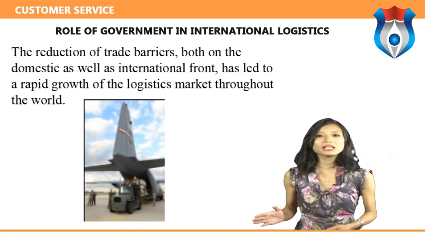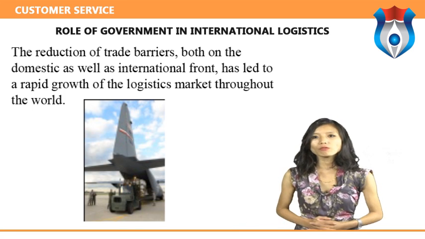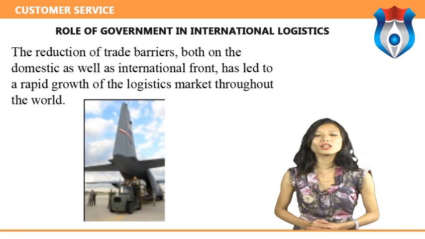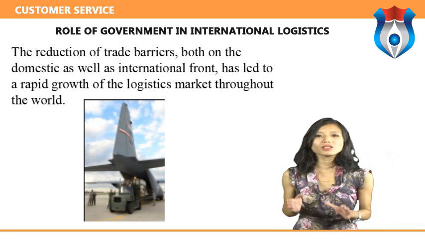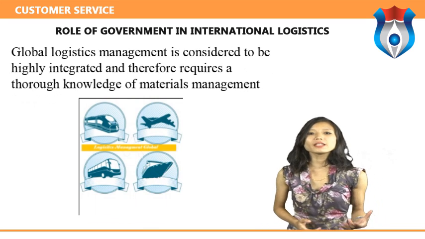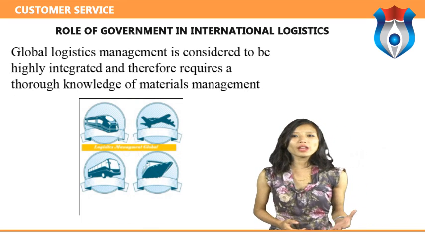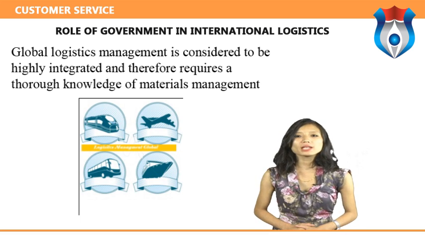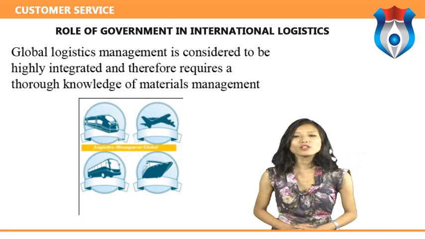Logistics not only deals with delivery of goods at the right time for the right price and in the right condition, but also has extended its role in globalizing the sphere of products and services. Global logistic management is considered to be highly integrated and therefore requires a thorough knowledge of materials management, customs regulation, foreign exchange, purchasing, supply chain management, transportation and information technology.